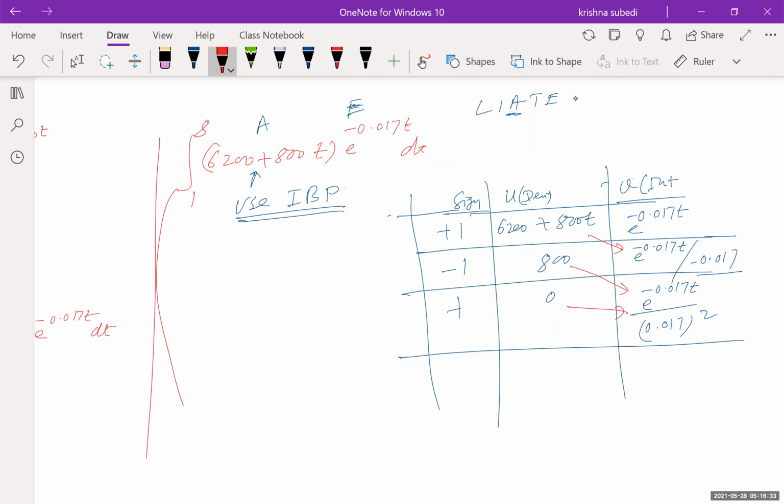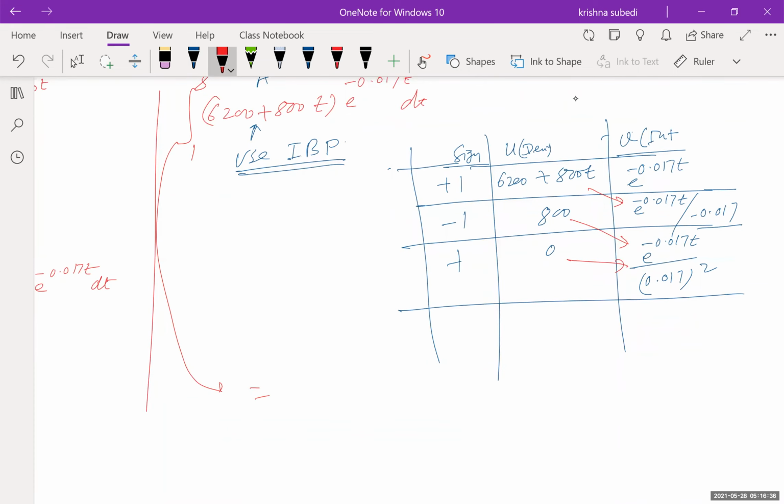Now you need to evaluate this integral. When you evaluate the integral, this guy will be 6200 plus 800t times e raised to power negative 0.017t divided by negative 0.017, minus, because of that sign, 800 divided by 0.017 squared times e raised to power negative 0.017t, and then you have the interval 1 to 8.